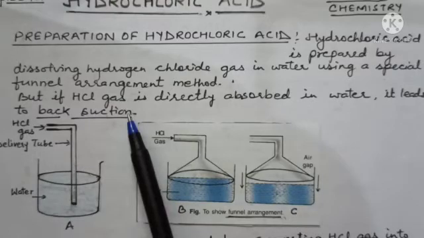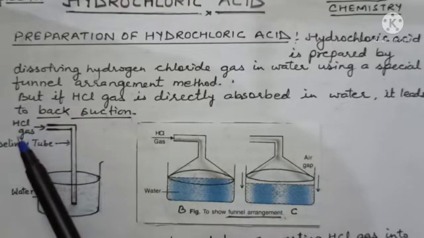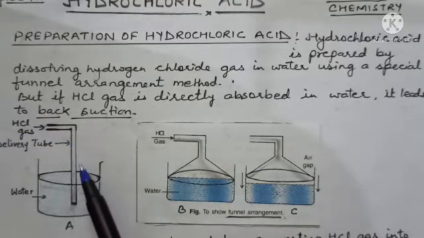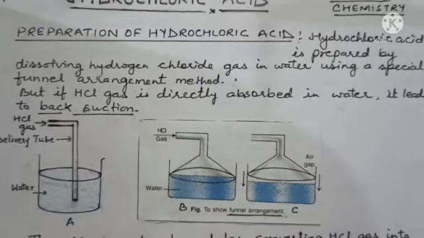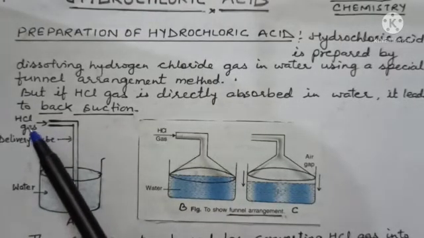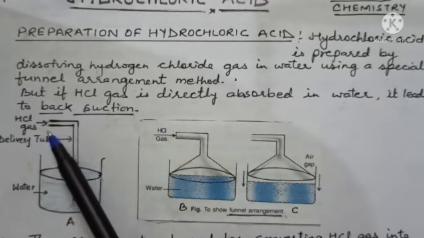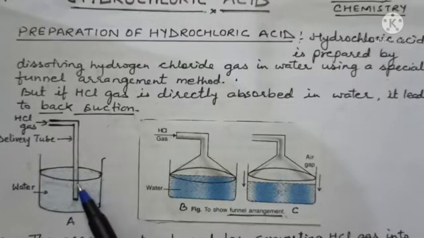What is back suction? Just try to understand. If this hydrogen chloride gas is directly absorbed in water through this delivery tube, then it causes back suction. And how is this back suction created? Hydrogen chloride gas is extremely soluble in water. If a delivery tube through which HCl gas is passed is directly immersed in water, then the rate of absorption of HCl gas is high.